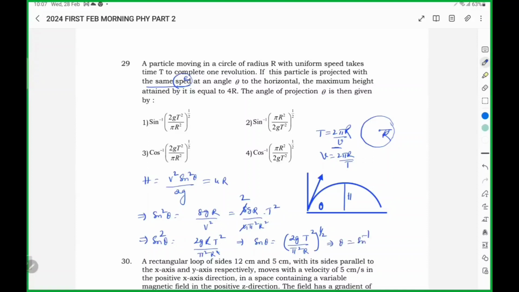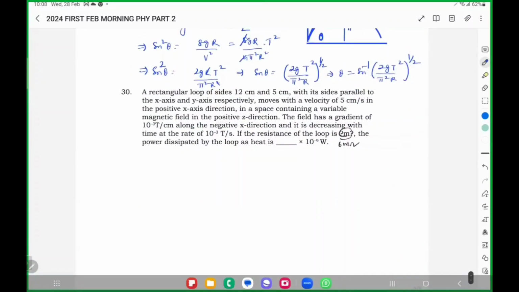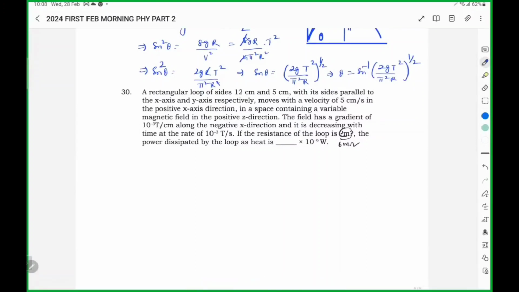Theta will be sine inverse of 2g t square by pi square r, whole power half. I think somewhere in the question it should be pi square. This is the typical sum in this session. A rectangular loop of side 12 centimeters and 5 centimeters.